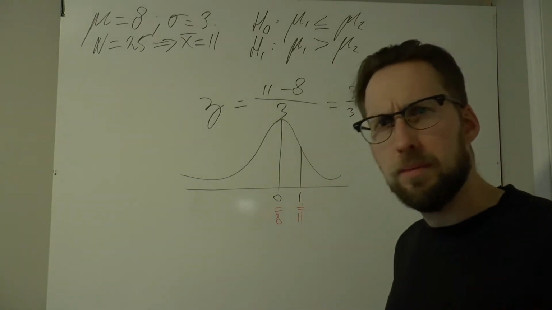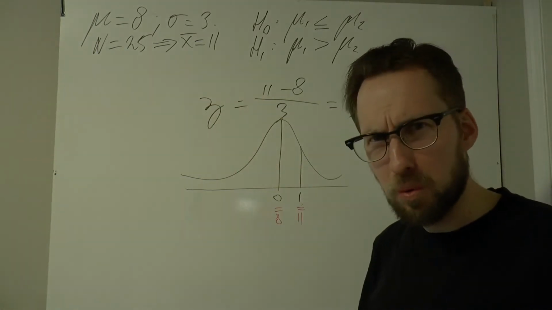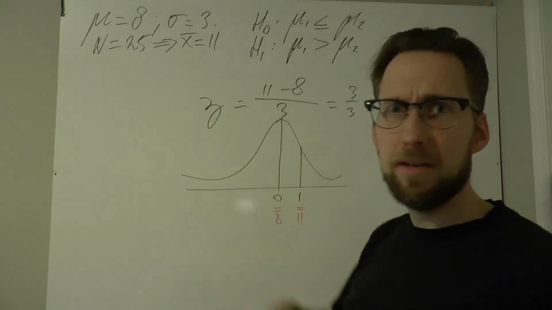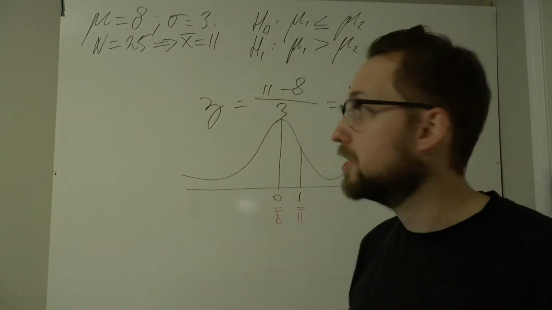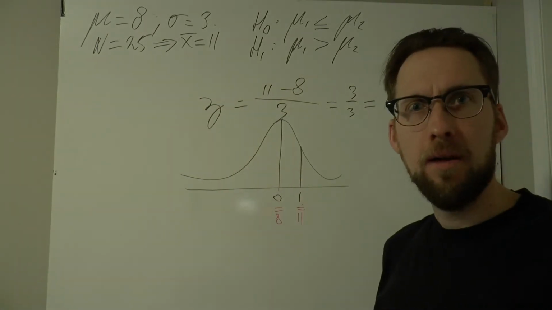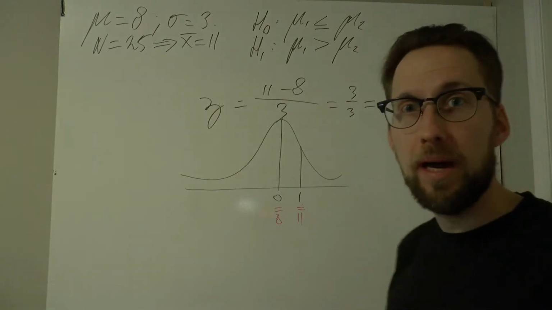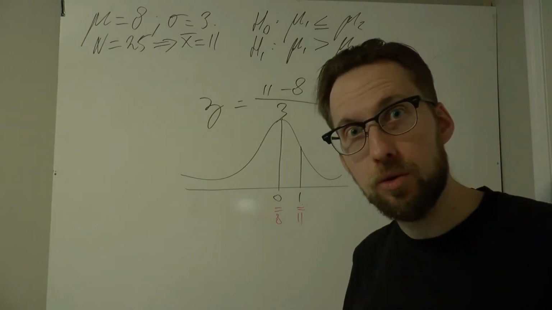But you must agree with me, I'm now trying to do something completely different. This 11 is not the score of one person. I tested 25 people, gave them the anxiety questionnaire, and on average, their score was 11. So I am not trying to position one score into a distribution of other Z scores.